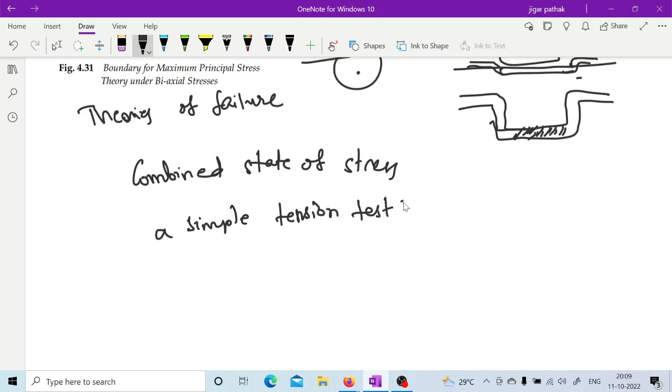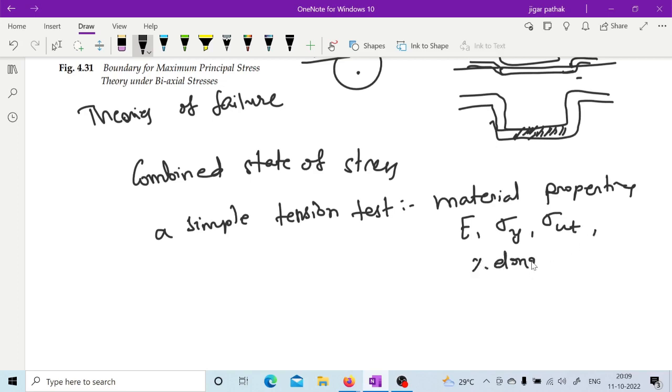We define material properties from that tensile test. Material properties like Young's modulus, then yield strength, ultimate strength, right? Then percentage elongation, then toughness, resilience, and so on.